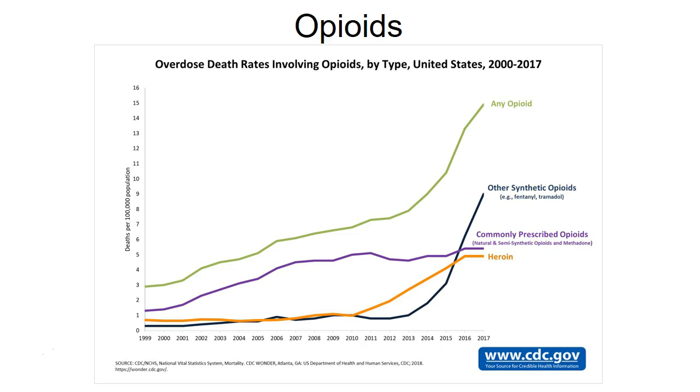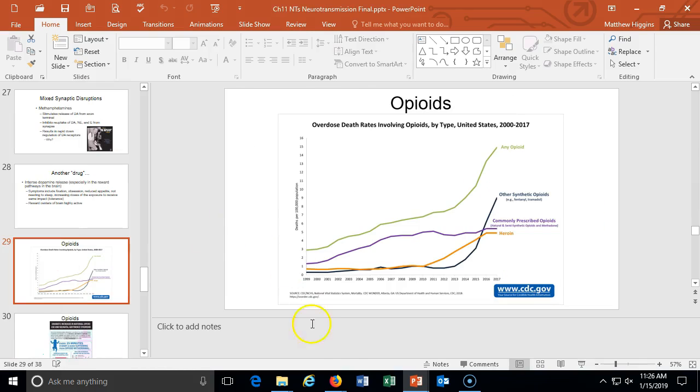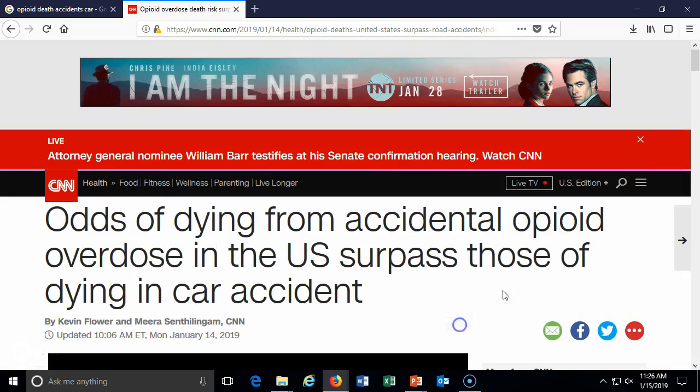It's not just a linear increase in the problem, it's an exponential increase. And just yesterday, an article came out showing that the odds of dying from accidental opioid overdose in the U.S. surpasses those of dying in a car accident. Pretty shocking, right? It's a major crisis here in the U.S.